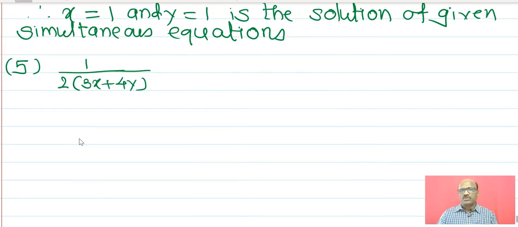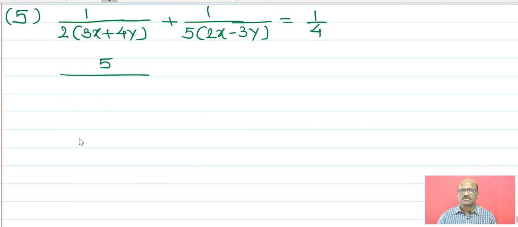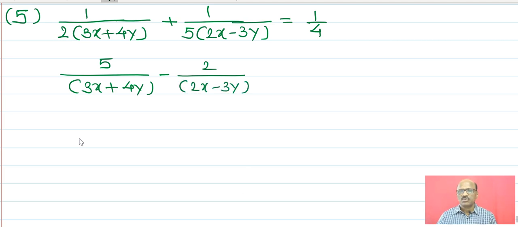That is 1 upon 2 in bracket 3x plus 4y plus 5 in bracket 2x minus 3y is equals to 1 upon 4. This is the first equation. And 5 upon 3x plus 4y minus 2 upon 2x minus 3y is equals to minus 3 by 2.